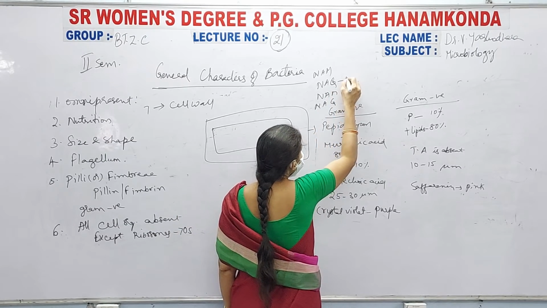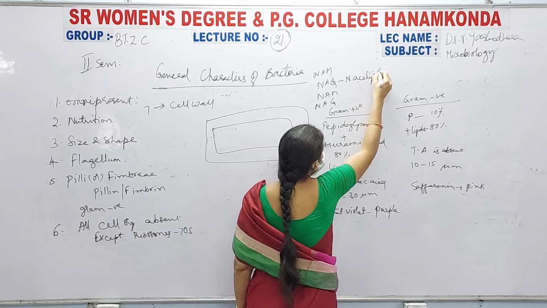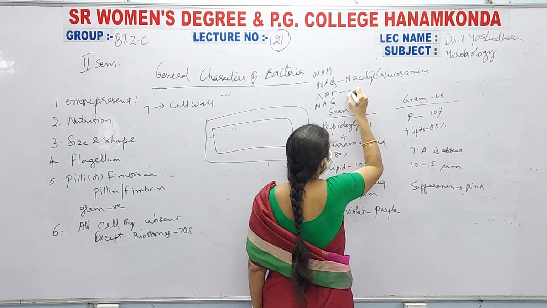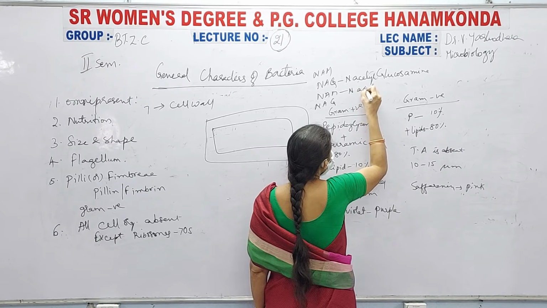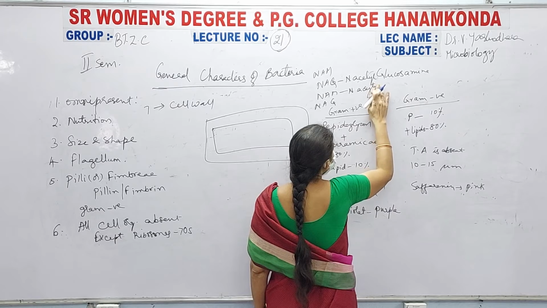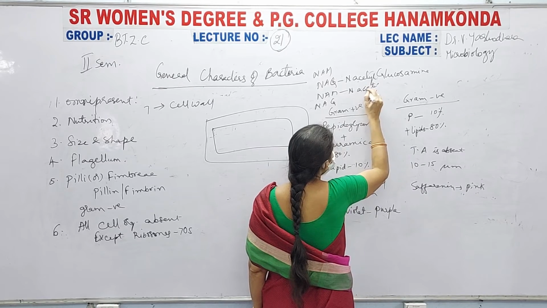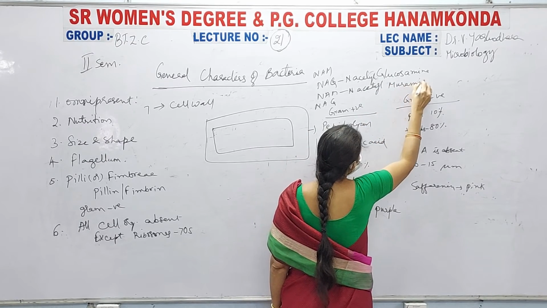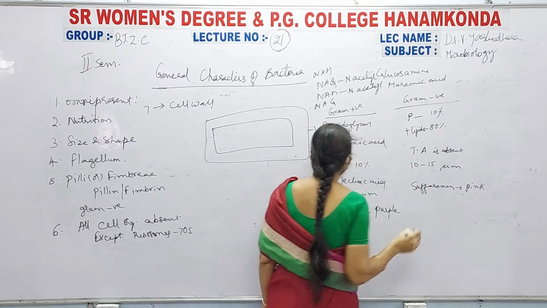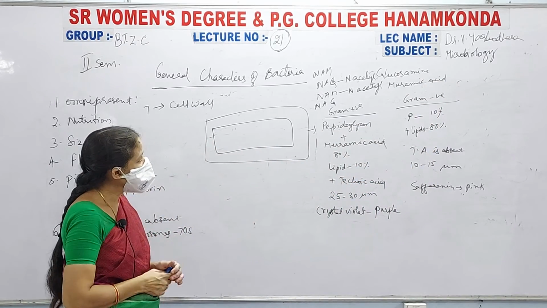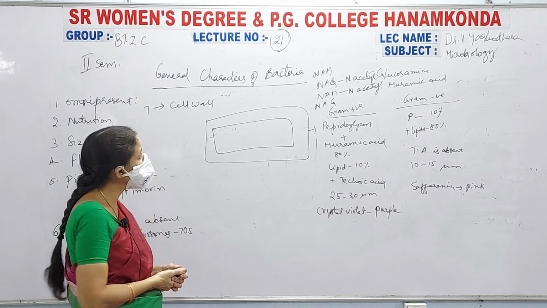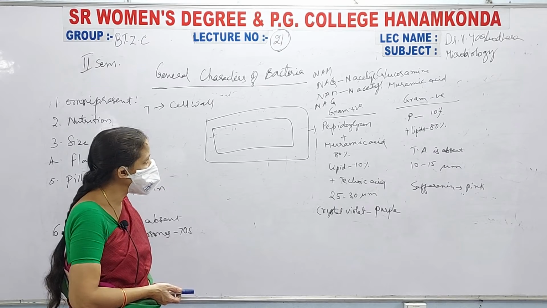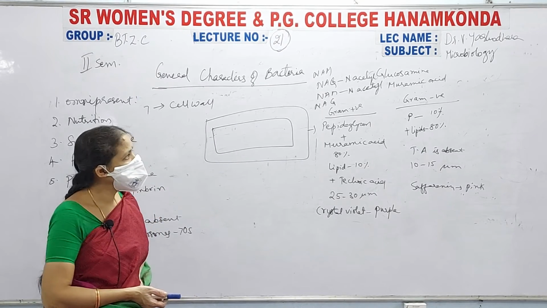NAG means N-acetyl glucosamine and NAM means N-acetyl muramic acid. That means the bacterial cell wall consists of alternating units of NAG and NAM.